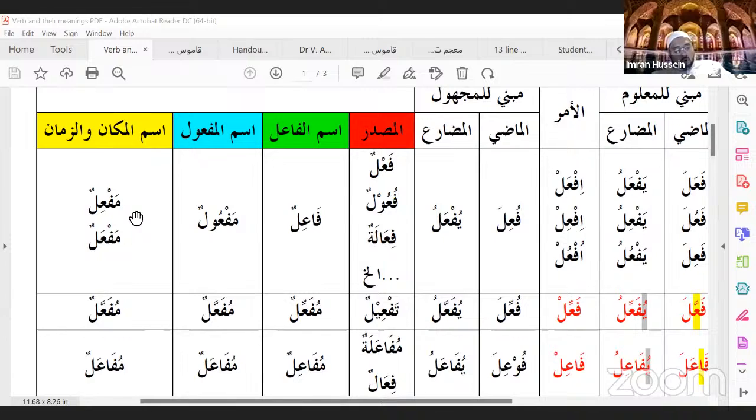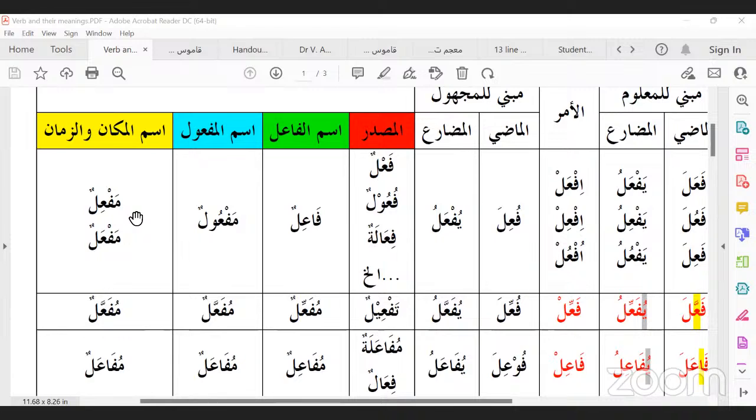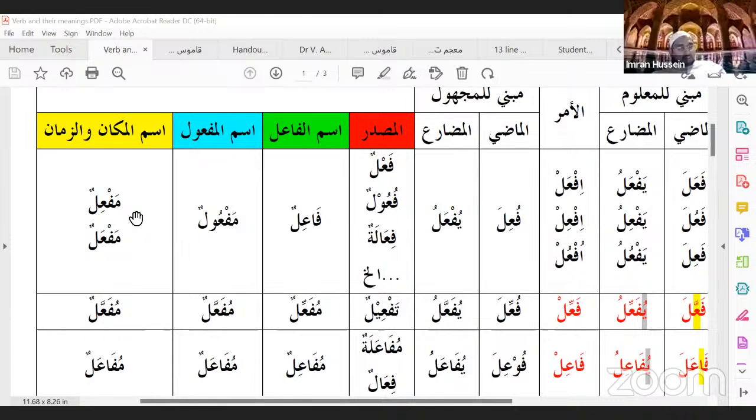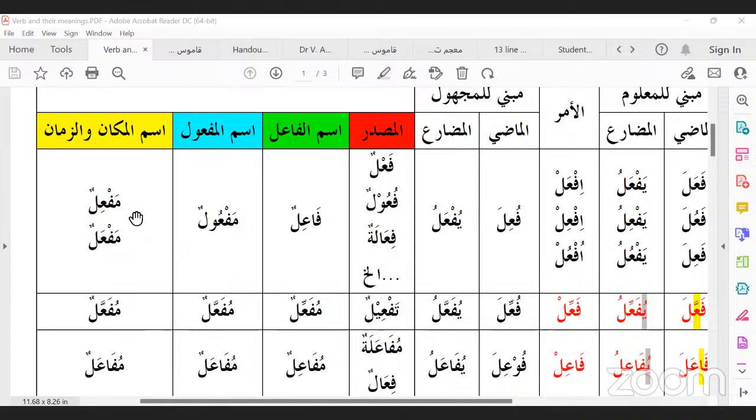Maw'idun means a time appointment, meaning that you have a fixed time with someone. What's the meaning of wa'ada again? Wa'ada, he promised. Wa'ada ya'idu, and maw'idun means you fixed a time with someone.